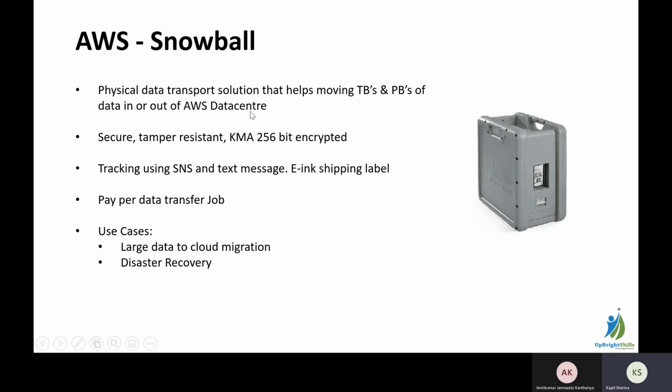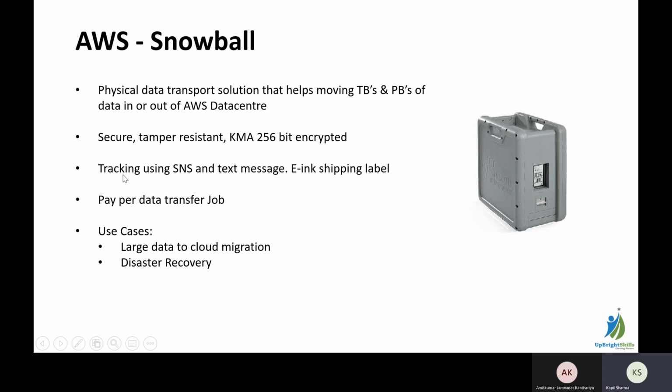So this is a physical data transfer solution that helps move terabytes and petabytes of data in or out of AWS, whether you want to send data in or take it out. It is secure and tamper resistant, and it is secured with KMS 256-bit encryption as well.